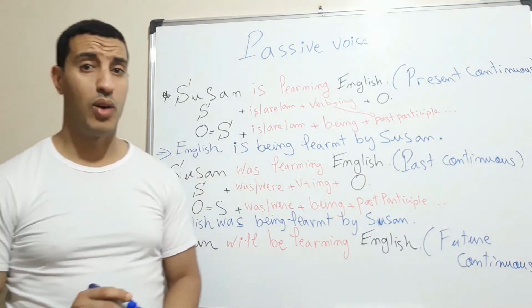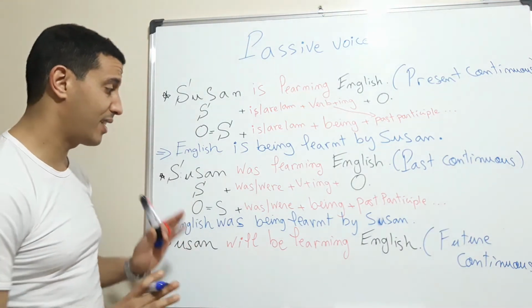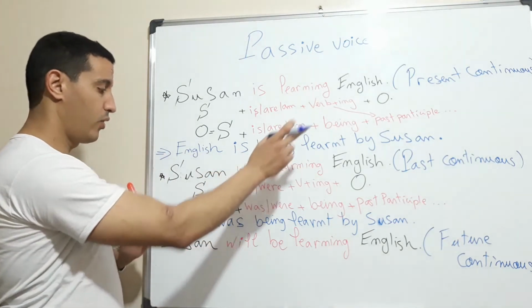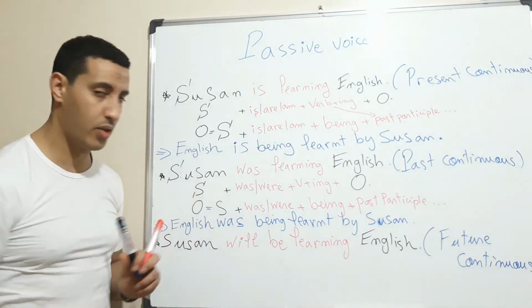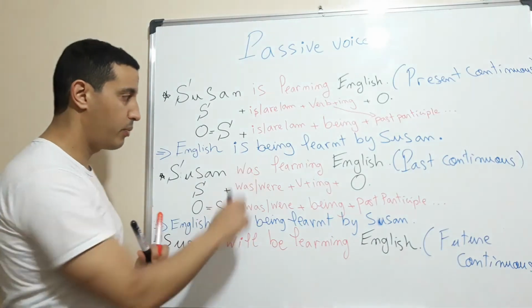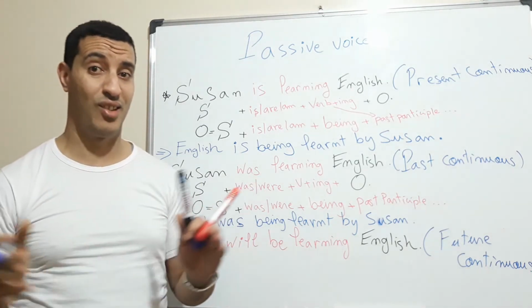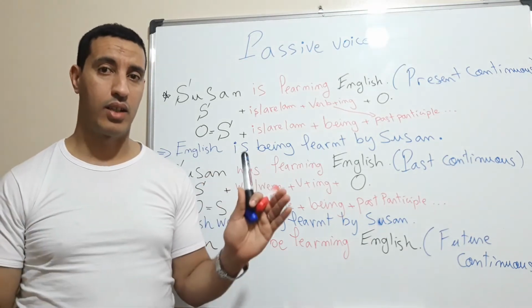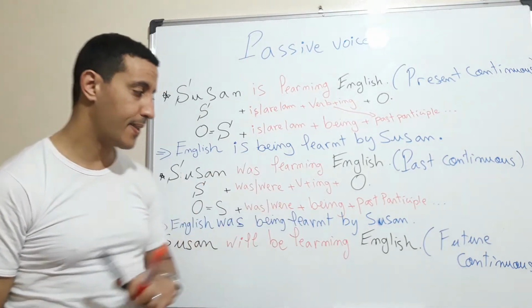Now, if you really want to understand the passive voice of these two sentences, you should compare. English is being learned, English was being learned. So the word being here indicates that the action is long, that the action of learning English takes a long time. Alright? Good.